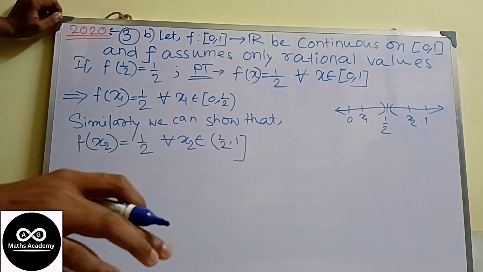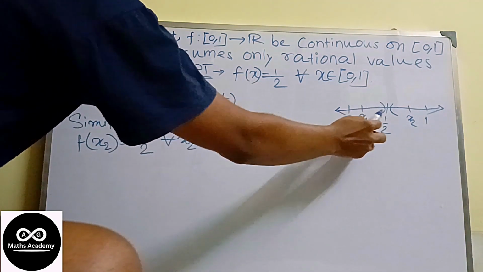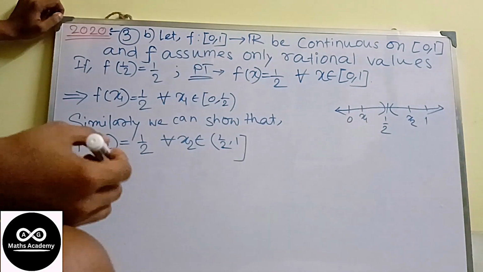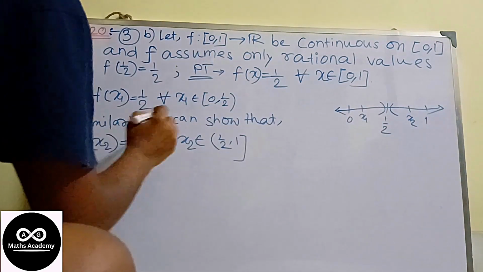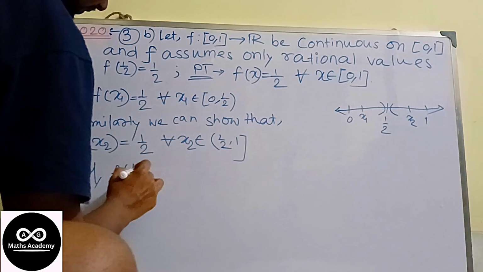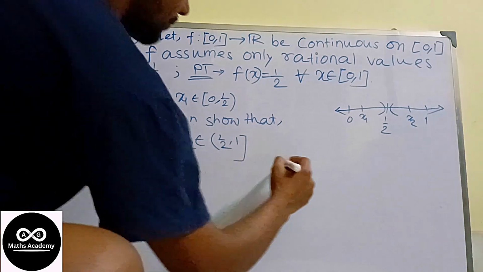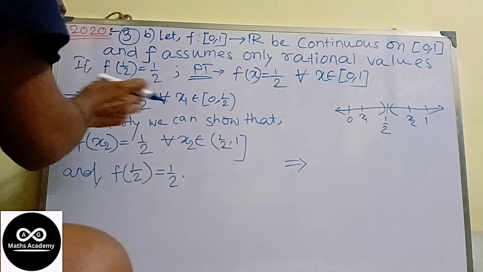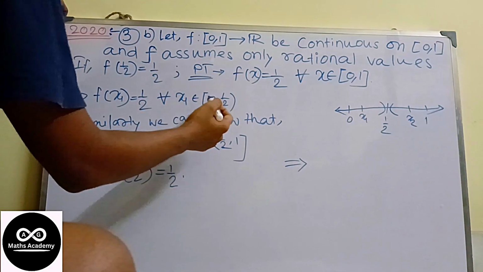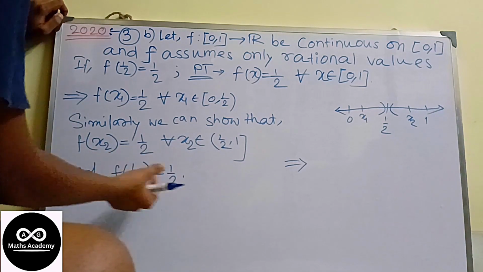So this is half, every value between 0 and half is half, and every value between half and 1 is also half. So am I right? And f of half is half. So what do we get? f of x1 is half for x1 in 0 to half, half to 1 is also half, and f of half is also half.